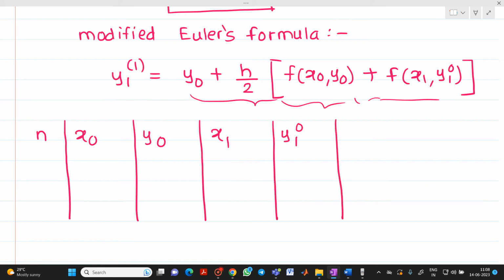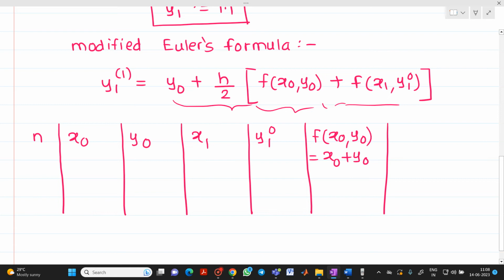If we know these two, then we will be able to find f(x0, y0). Now what is f(x0, y0)? It will be equal to x0 plus y0. Then next is f(x1, y1(0)). What is your given function? x plus y. So here you just substitute x equal to x1 and y equal to y1(0).